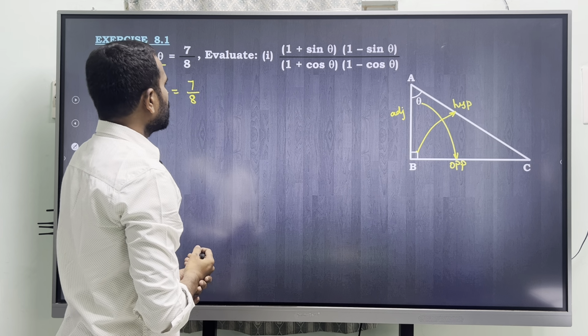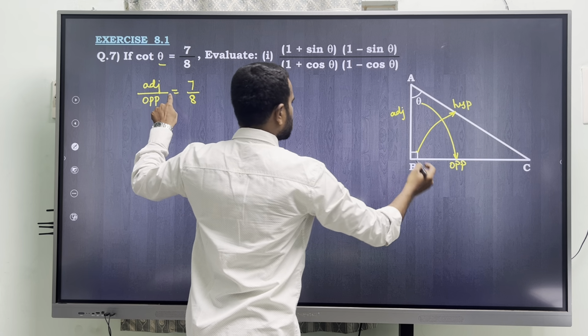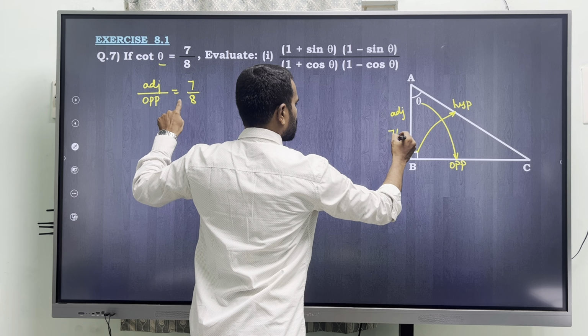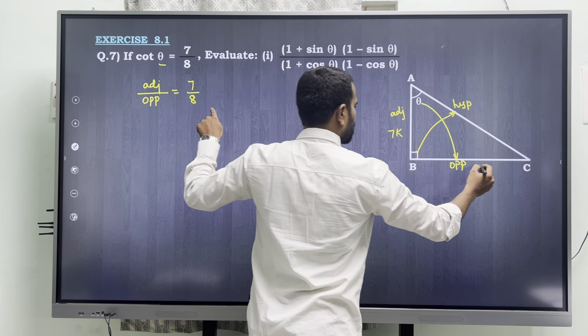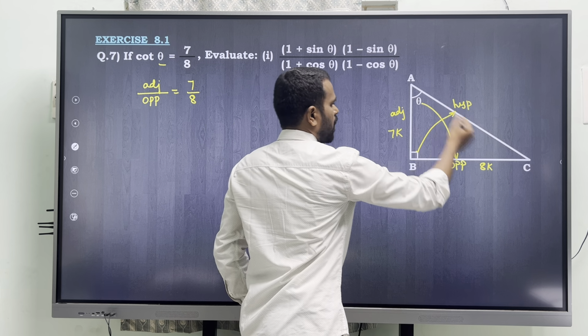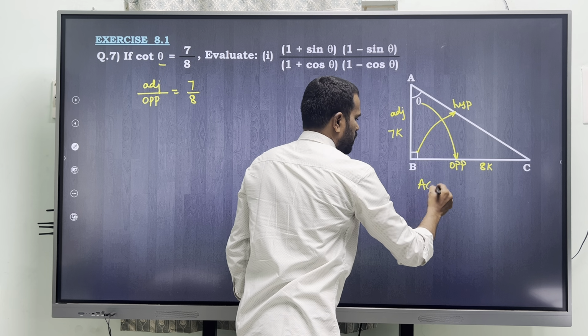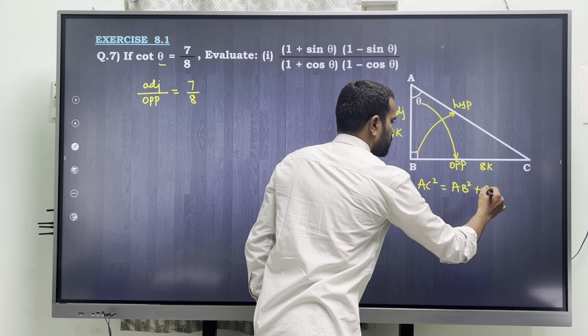Now what we need to find is, adjacent is 7. Ratio means we have to take k. Opposite is 8k. We need to find the hypotenuse. How will we find the hypotenuse? AC square is equal to AB square plus BC square.